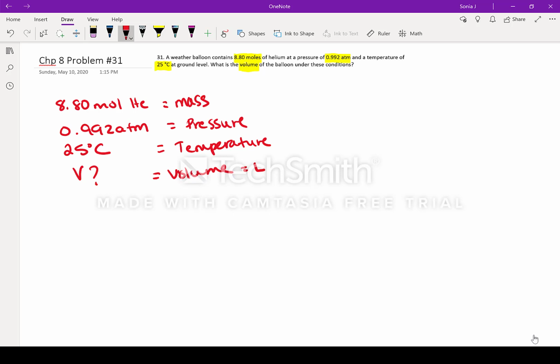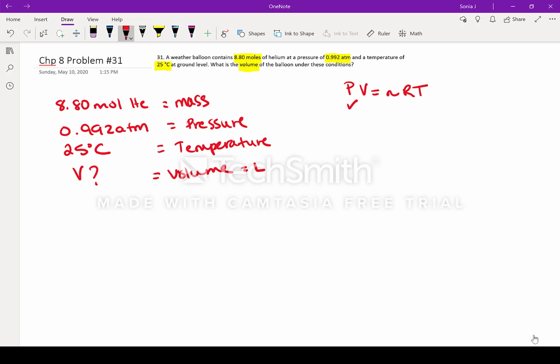I would look at all that, and then I would think about the formulas that we went over when we were learning about gas laws. And the first thing that comes to my mind is the formula PV equals nRT. Why is that? Because we've got pressure, so that one's done.